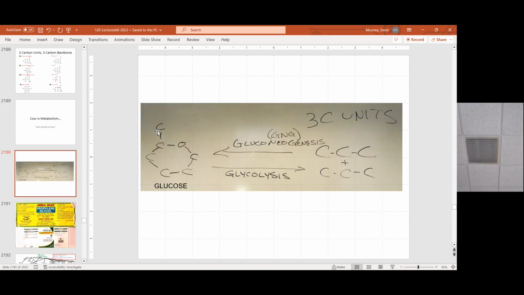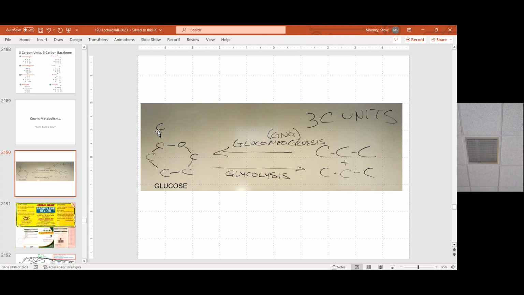So gluconeogenesis is the reverse of glycolysis. We start out with glucose, 1, 2, 3, 4, 5, 6 carbons. 5 are in the ring, 1 sticking off. We split it in half, we get 2 3 carbon units. Normally in glycolysis, it's pyruvic acid or pyruvate.